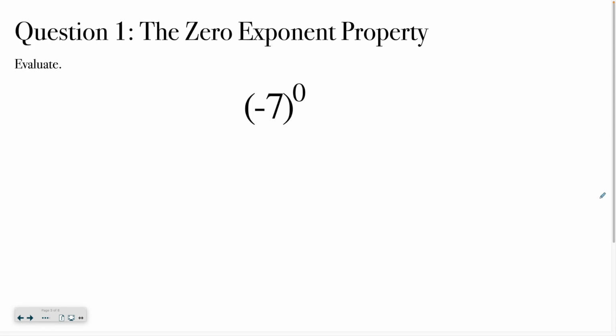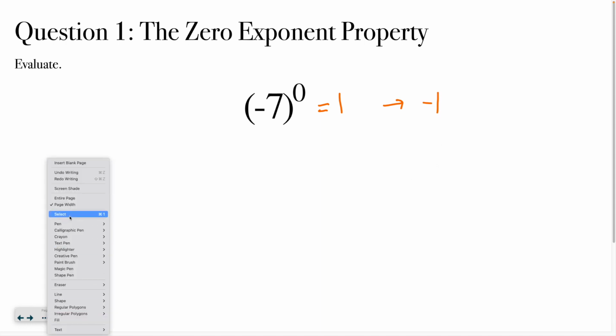Now I want you to take a moment and evaluate this expression. Now we have a negative 7 raised to the 0 power. Go ahead and type in what you think your answer is. Good luck. Alright, for this problem, hopefully you said negative 7 to the 0 power is going to be 1. Sometimes I'll see students think I'm trying to get a little tricky and that it's going to be a negative 1.